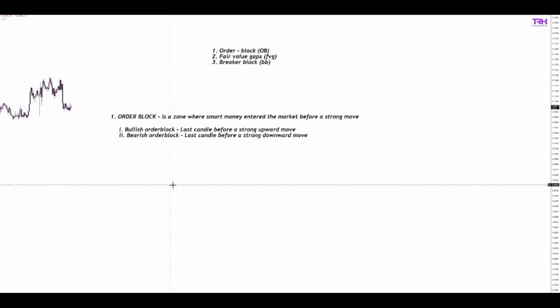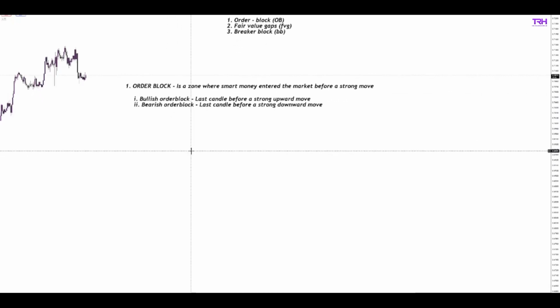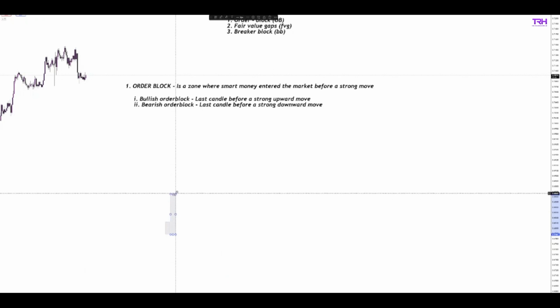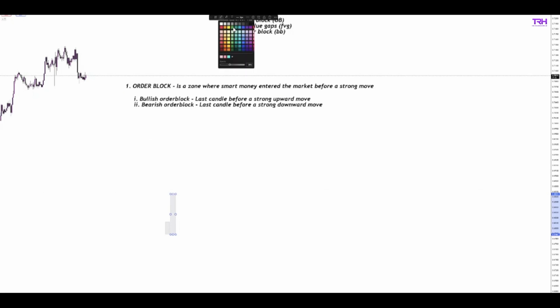So let me give you an example of what a bullish order block looks like initially. Let's say the bullish order block is the last candle before a strong upward move. Let's say you have something like this, and then something like this. Let me make this green, and this red.